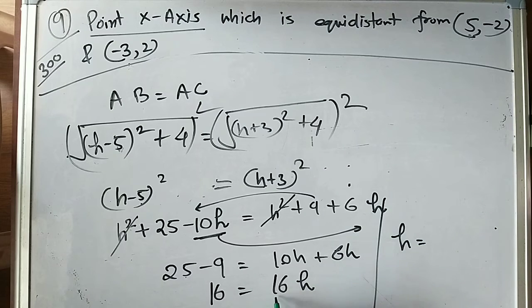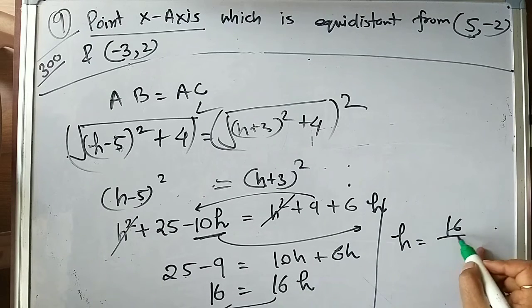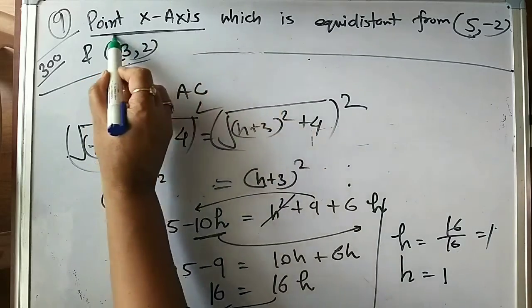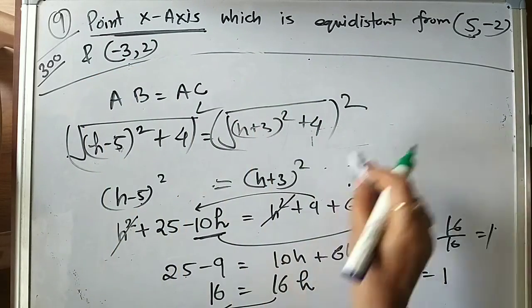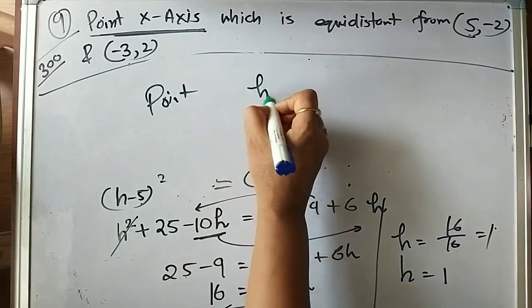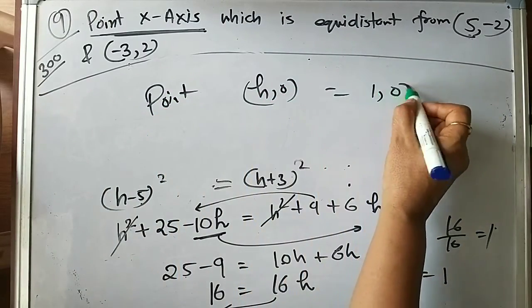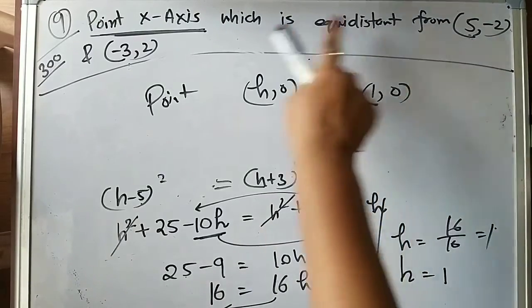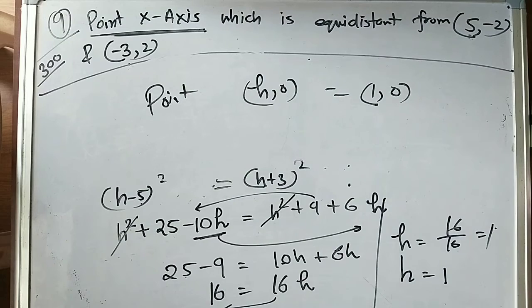H will be 16 by 16, which is 1. So the value of h is 1. What I had assumed was a point on the x-axis. Point was h comma 0, so it has to be 1 comma 0. That point is equidistant from this and this point.